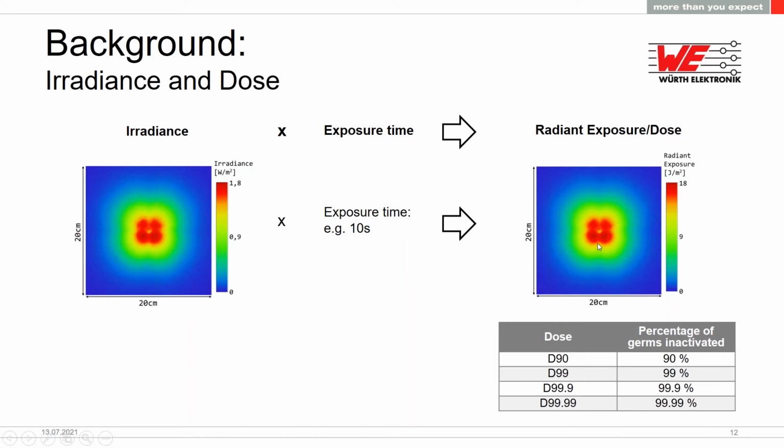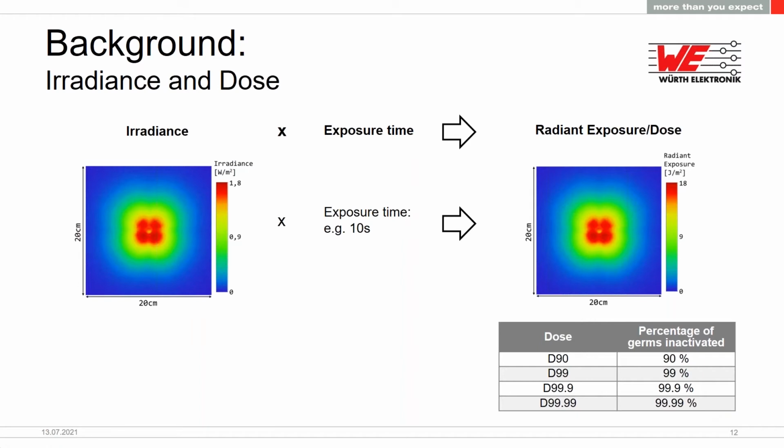And this means, because the D90 dose for this specific bacterium was 18 joules per square meter, that everywhere in this red area, you killed off 90% of this bacterium. And if you want a higher percentage of germs inactivated, you need a higher dose. So you can use the D99 dose for 99% inactivation, or, for example, the D99.99 for 99.99% disinfection.